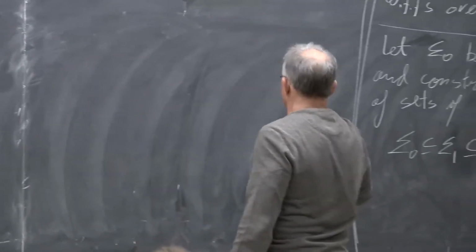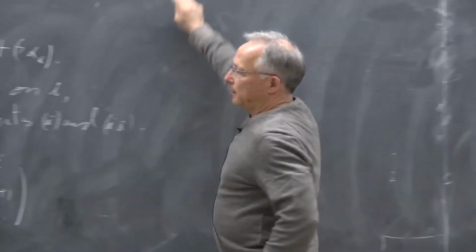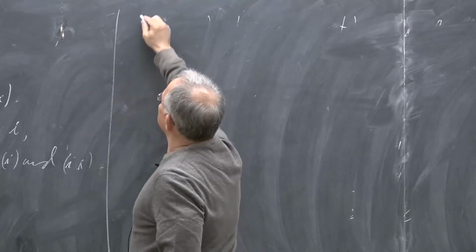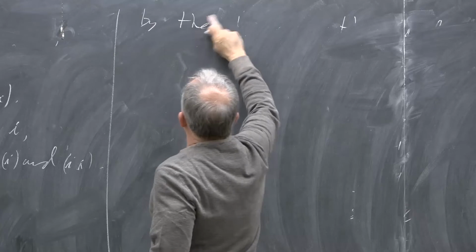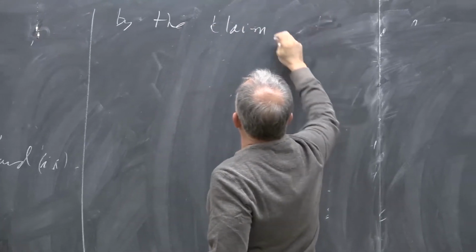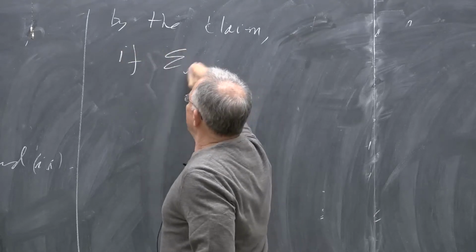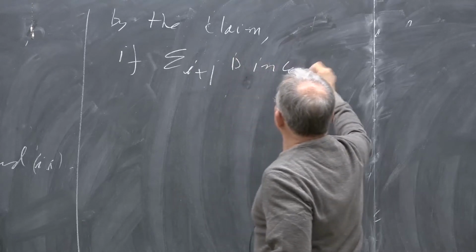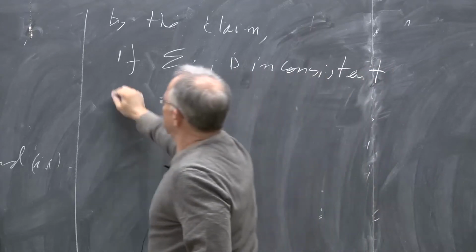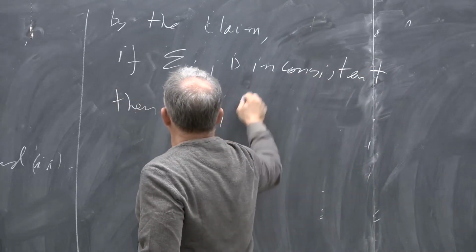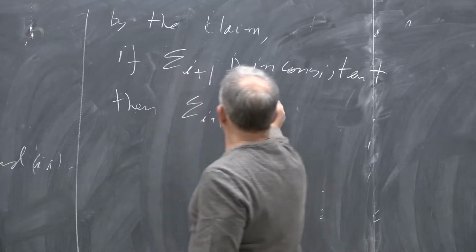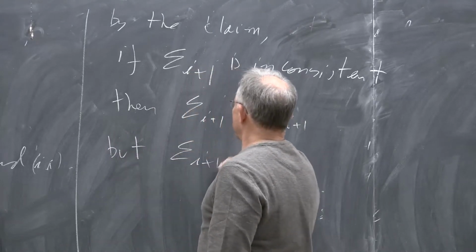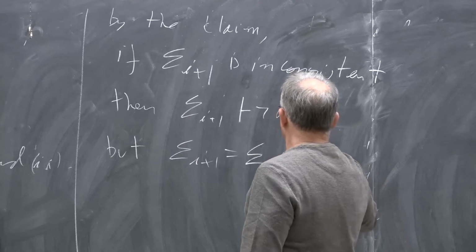Because now, assume we prove it, so by the claim, if sigma I plus 1 is inconsistent, then sigma I plus 1 proves not alpha I plus 1, but sigma I plus 1 is just sigma I union alpha I plus 1.